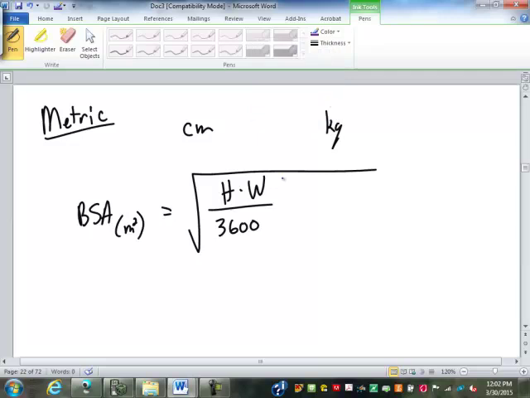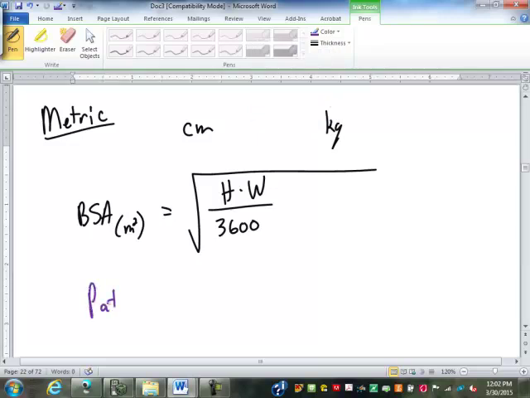So anyway, now let's say we have a patient who has a height of 130 centimeters and a weight of 70 kilograms.